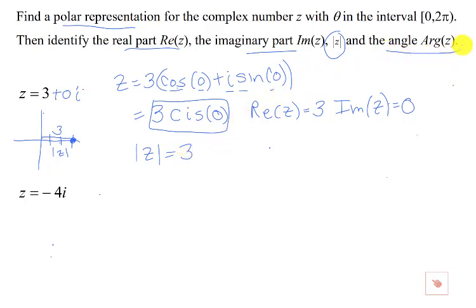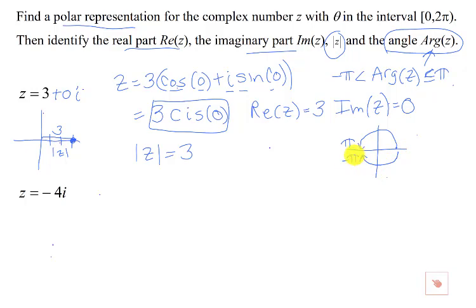And then it wants to know the angle arg, and this arg is specially defined. It's an angle, but it's an angle that is in between negative pi and pi, and it could equal pi. So if we think of this visually, if you're measuring off the positive x-axis, you could go around here to pi, or you can measure the other direction around here to negative pi.